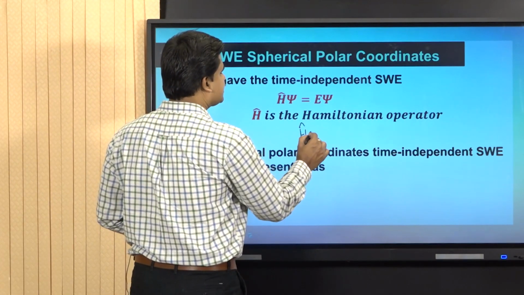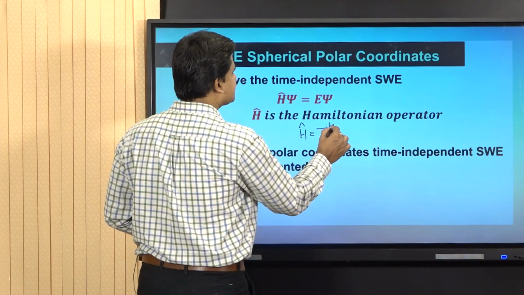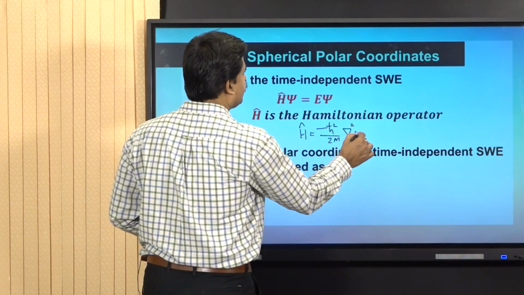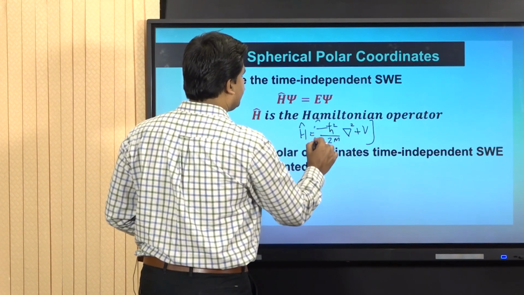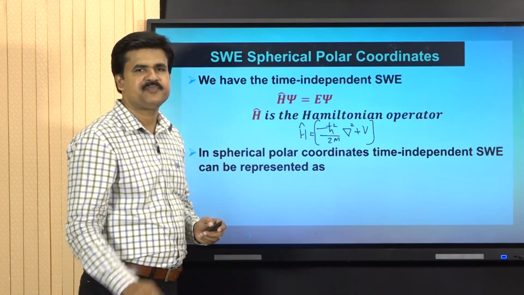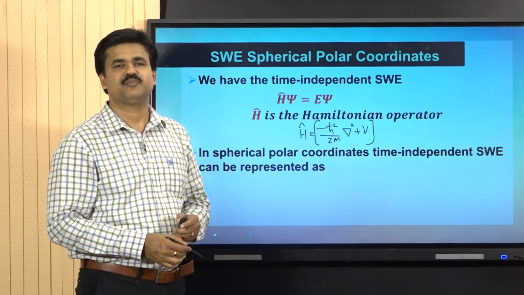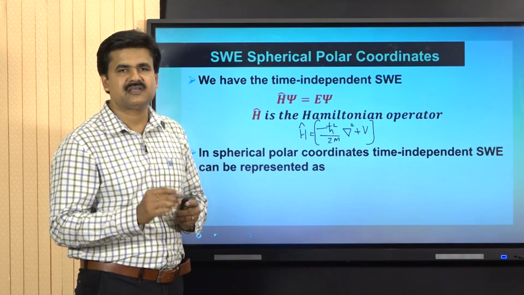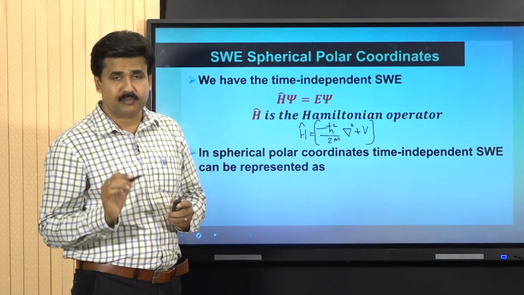H hat is given by minus h cross square by 2m del square plus V. The first part represents kinetic energy and the second part represents potential energy. Hence, H hat is called the Hamiltonian operator or the total energy operator.